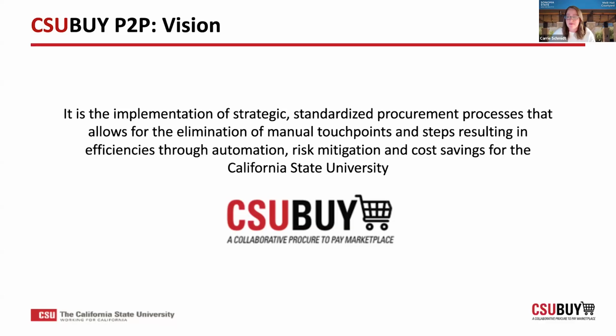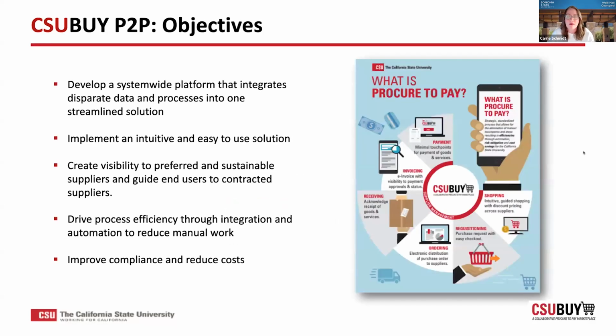Ultimately, this means saving time, reducing risk, and lowering costs. The objectives of P2P are centered around creating a streamlined, integrated platform that simplifies and enhances how we manage procurement and payments across the CSU system.